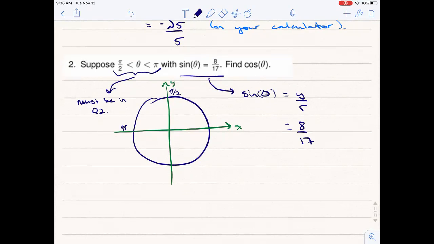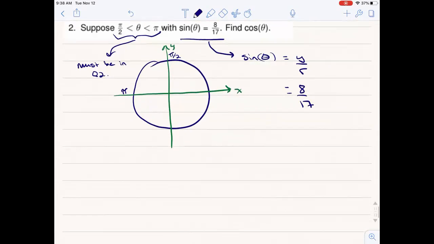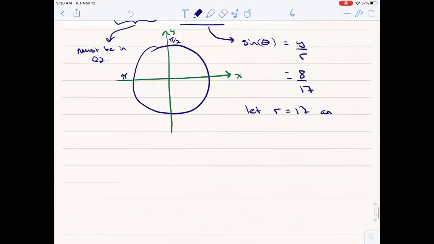For simplicity's sake, I'm going to let the radius be 17, just kind of eliminate all that work. And so let r be 17 and y be 8. Okay.